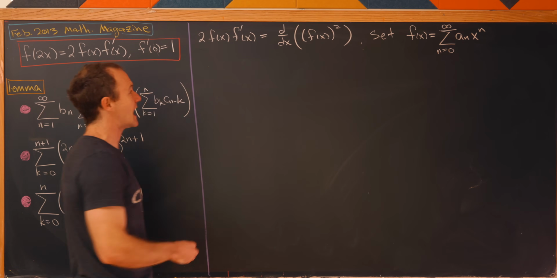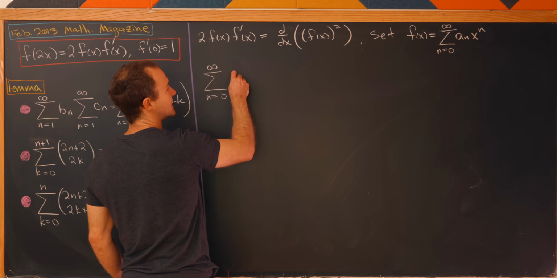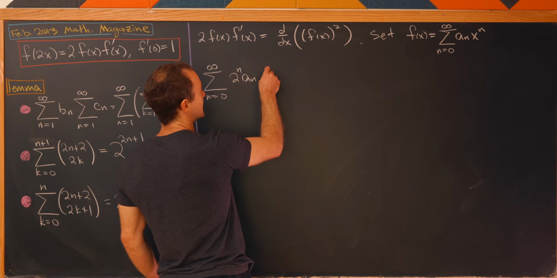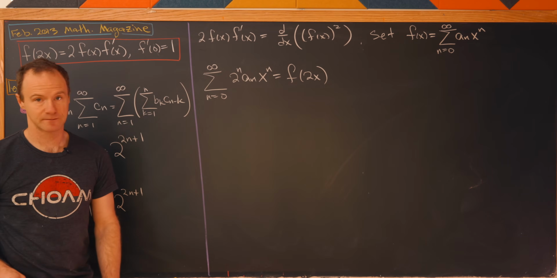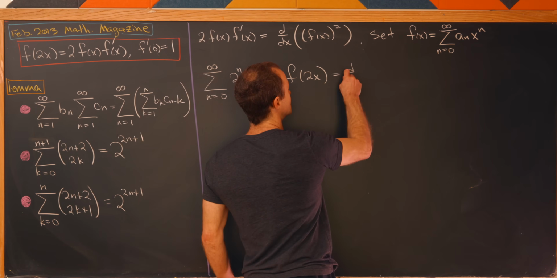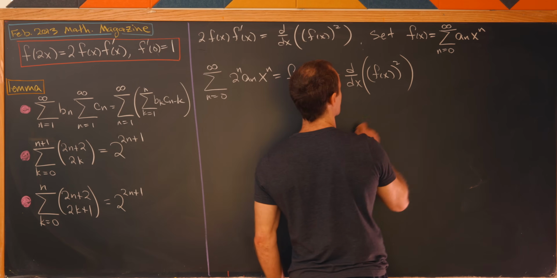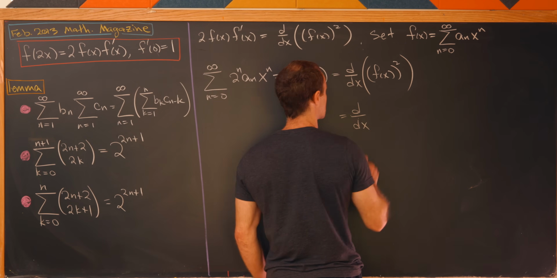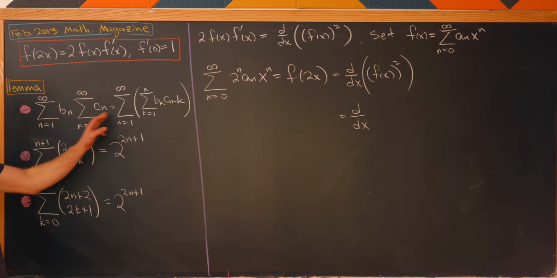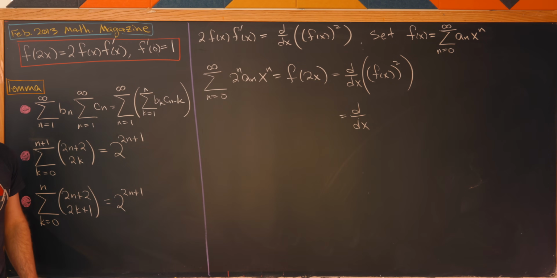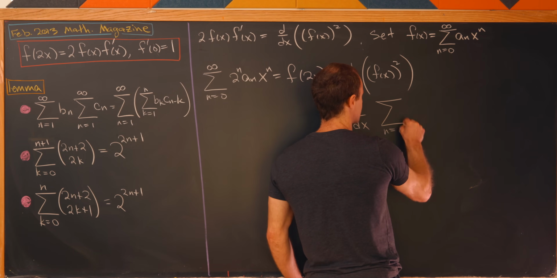Okay. So now let's notice that the sum as n goes from 0 up to infinity of 2 to the n a sub n x to the n is equal to f evaluated at 2x. But then that's equal to the derivative with respect to x of f of x quantity squared, but that in turn is equal to the derivative with respect to x of the series we get using this Cauchy formula for the product. So rewriting that, we'll have the sum as n goes from 0 to infinity.